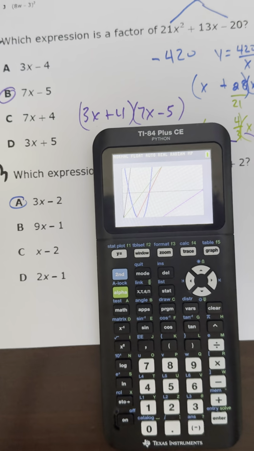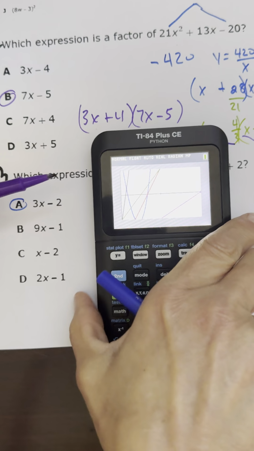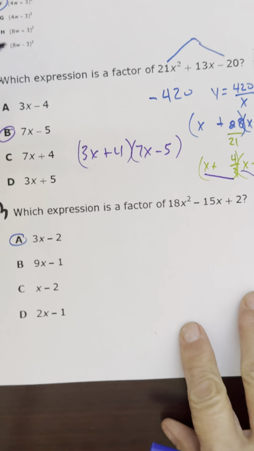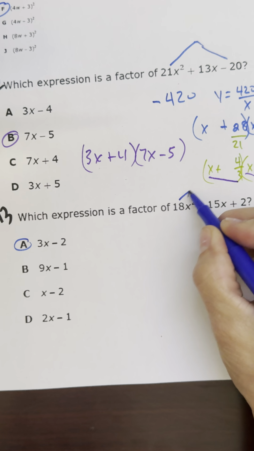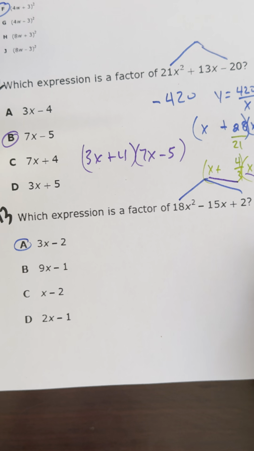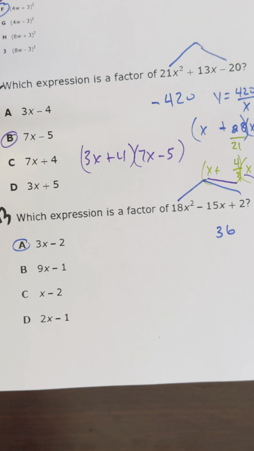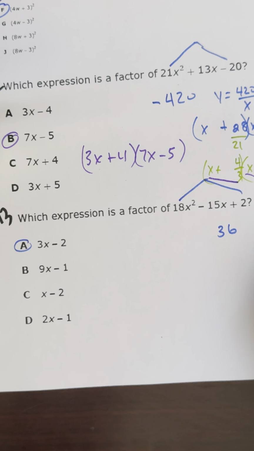Okay. Factoring. So to factor, you're going to do 18 times 2. 18 times 2 is 36. And again, you're looking for what multiplies to give you 36 and adds together to give you 15. And if you can't think of it, you do y equals 36 divided by x.